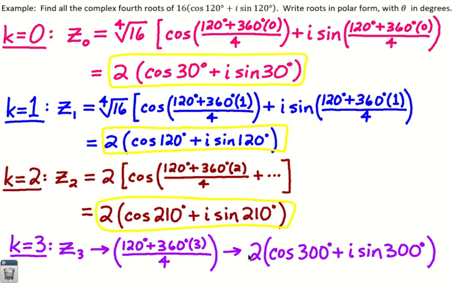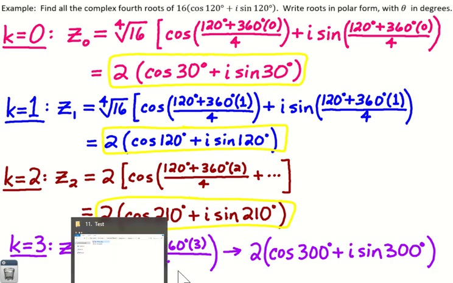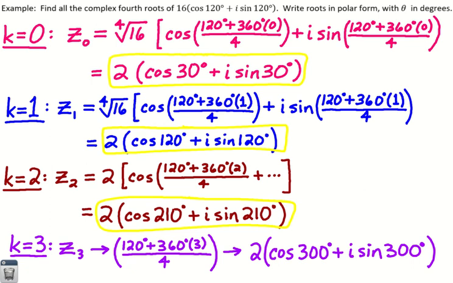This is going to be 2 again. So here is my fourth complex root out of 4. And that is section 3.5.